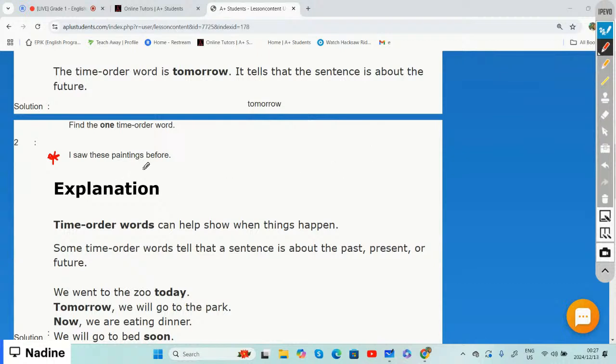And if we were to identify one time order word, then we can say before is a time order word.